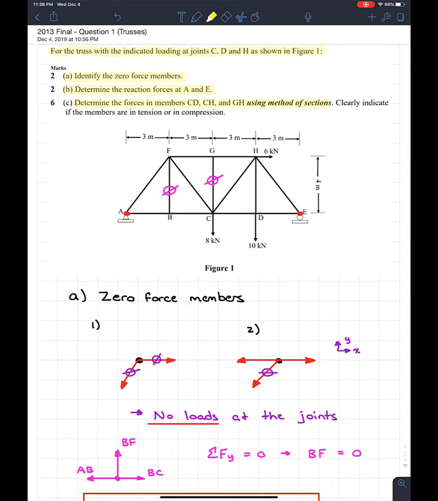And of course, this goes without saying, clearly indicate if the members are in tension or compression. Remember, if we stick to a certain sign convention, which I like to use, and that's assuming all of the members are in tension, so all the forces are pointed away from the joints, if we get a positive answer, it means it's in tension. If we get a negative answer, it means it's in compression. So we're just going to keep a lookout for that.